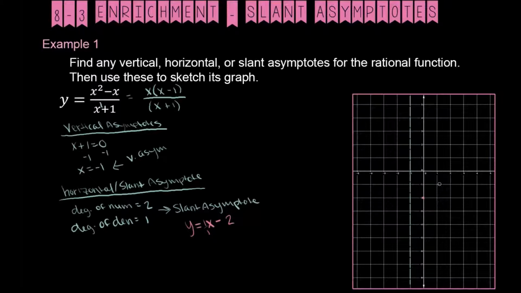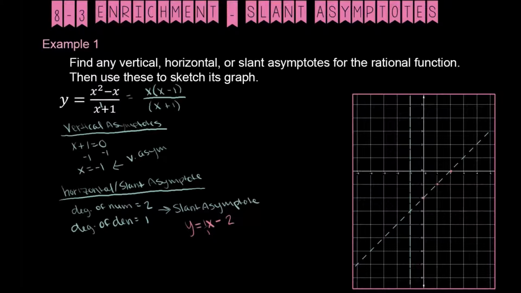So rise 1, run 1, rise 1, run 1. So it's just a nice straight diagonal line. So I can go ahead and add in my line here, my asymptote, which is going to go across like that.